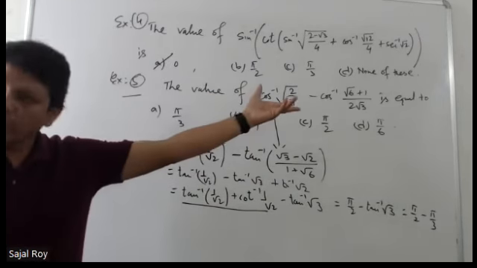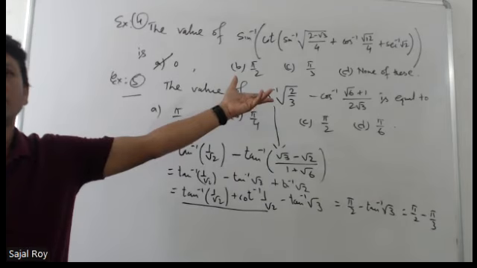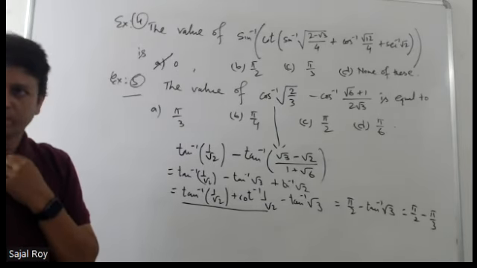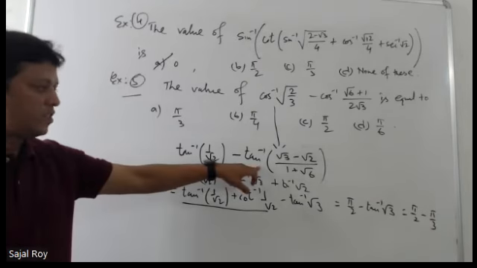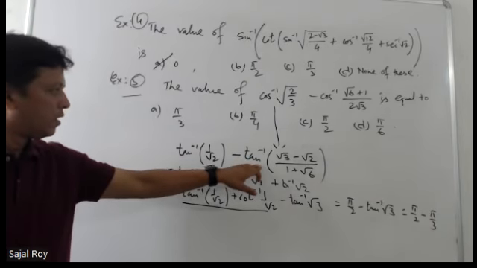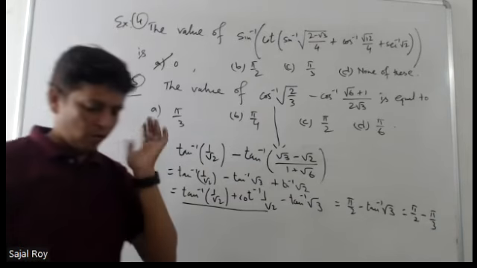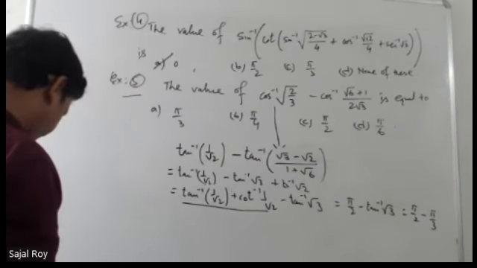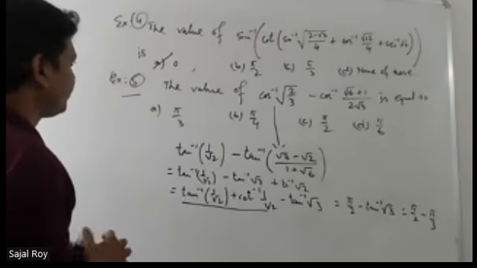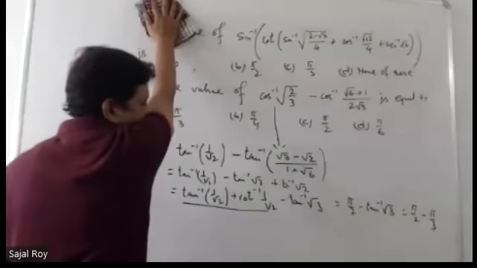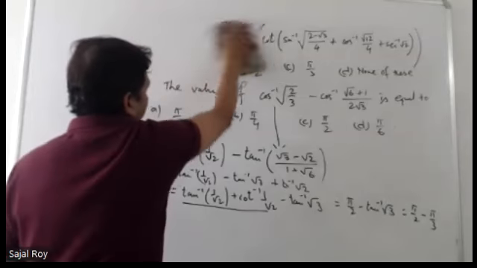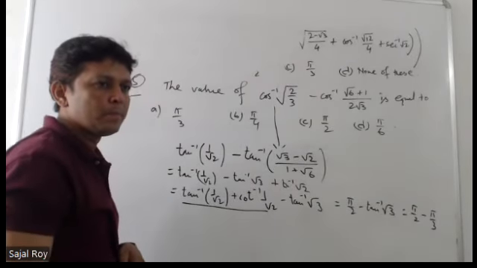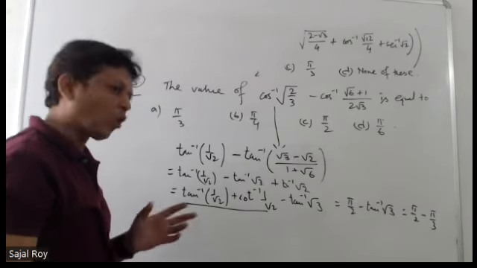You could have taken the cos inverse formula also. Even cos inverse x minus cos inverse y, cos inverse x minus cos inverse y by x square, solving that is very complicated.